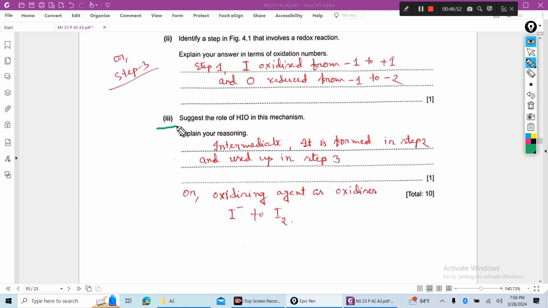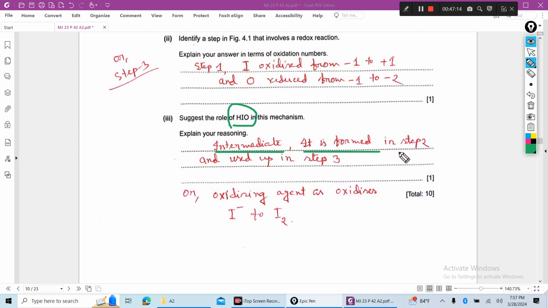Now next one, number 3, suggest the role of HIO in this mechanism, explaining your answer. Intermediate. Hypoiodous acid HIO, the role is intermediate. Why?